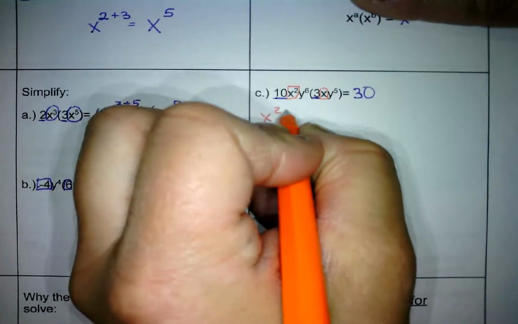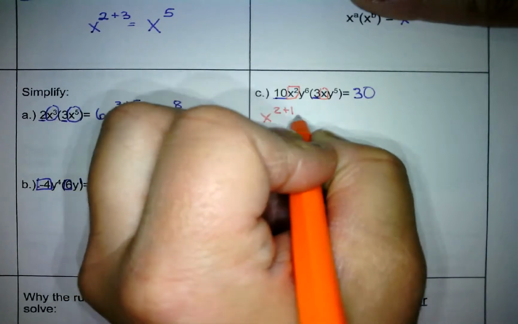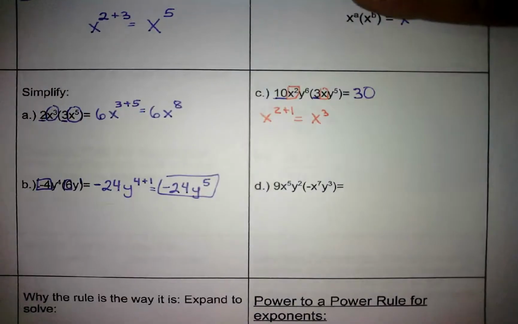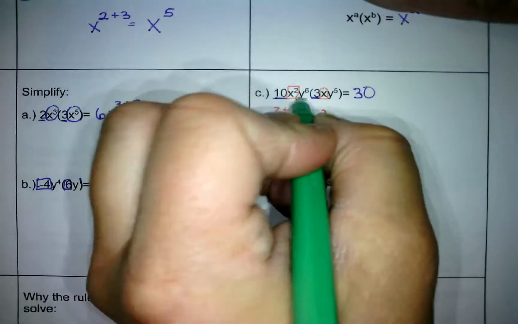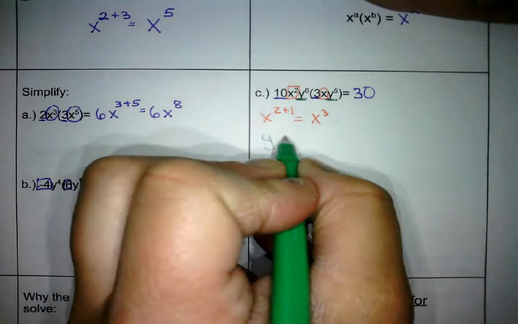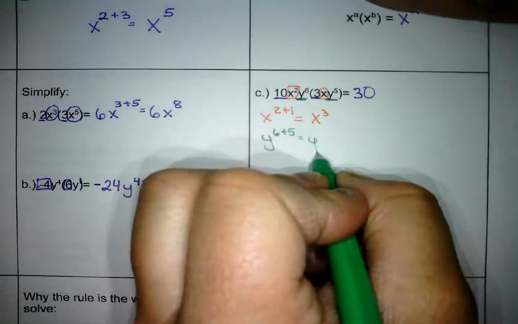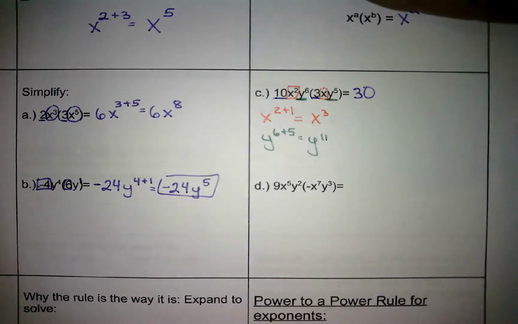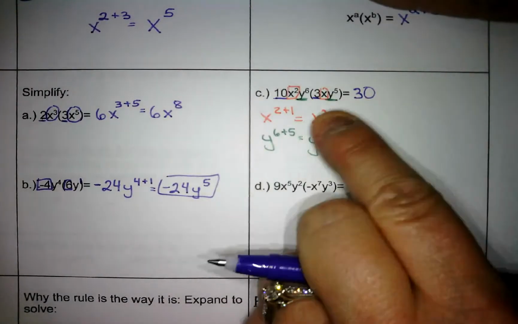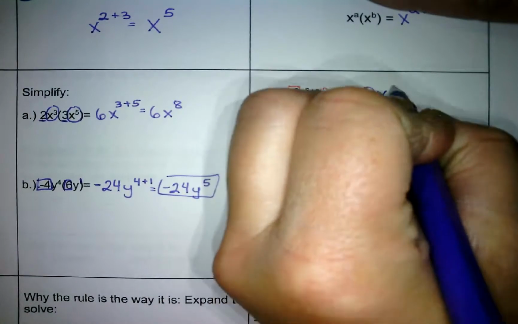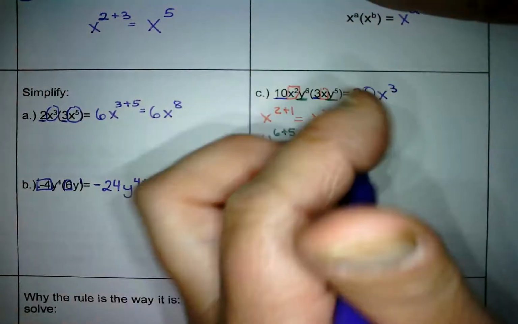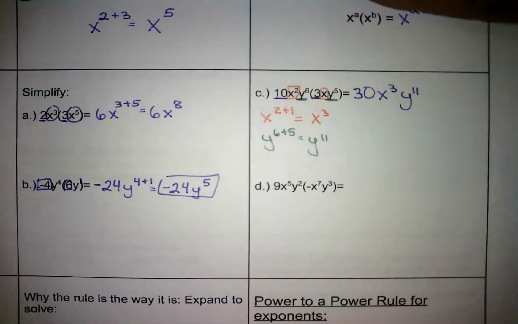So that's going to be x to the 2 plus 1, which is x to the third. And then I have my y's. So I have a y to the 6th and a y to the 5th. So that's y to the 6 plus 5, which is y to the 11th. So my final answer then will be 30, x to the third, y to the 11th.